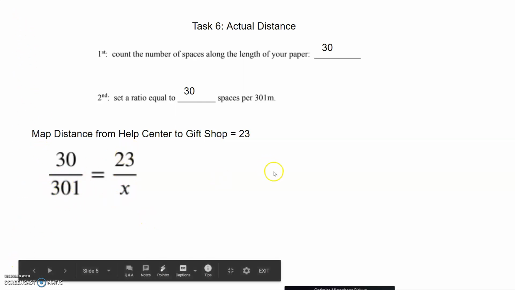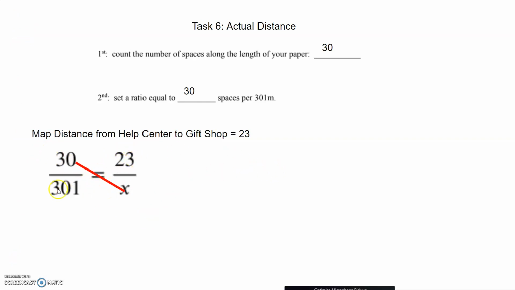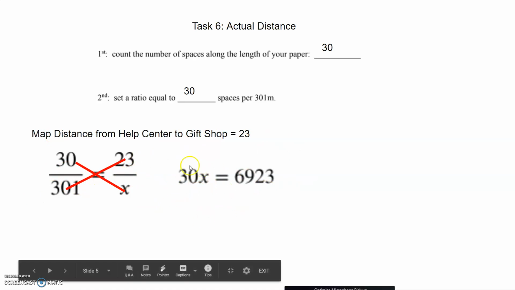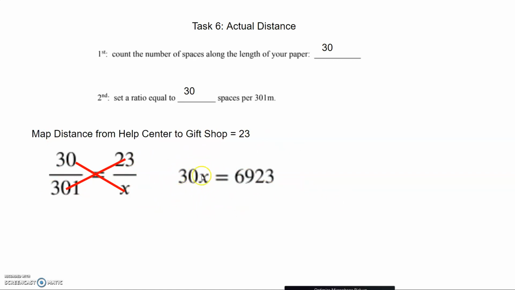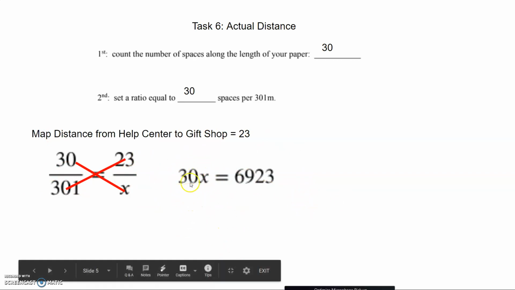So we're going to cross multiply to solve. 30 times X is 30X, and 23 times 301 is 6,923. This was kind of an issue: a lot of us, when doing cross multiplication, still have a fraction. You do not have a fraction in that step. Maybe you're getting confused with your next step, which is to solve for X and divide both sides by 30.